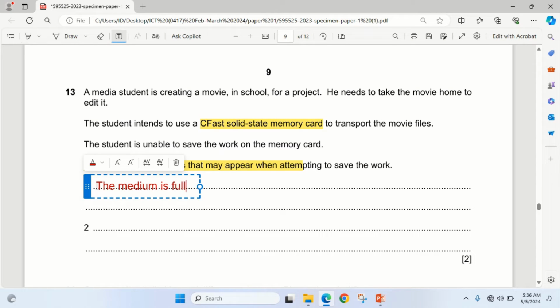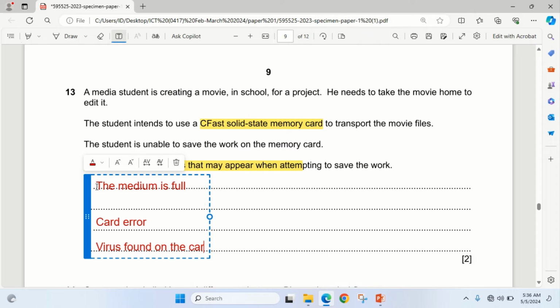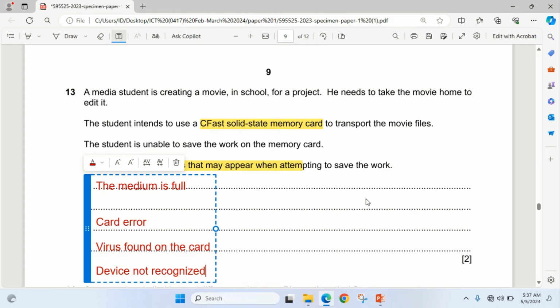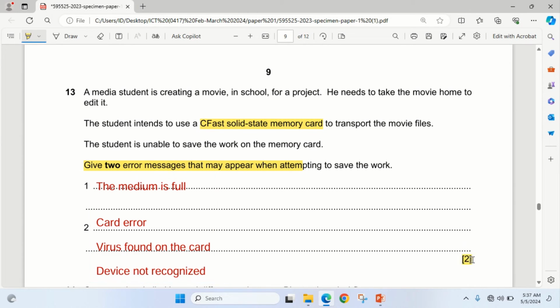You could have a card error. You could have a virus found. You could even have device not recognized, and so on and so forth. So any two here will earn you the full mark.